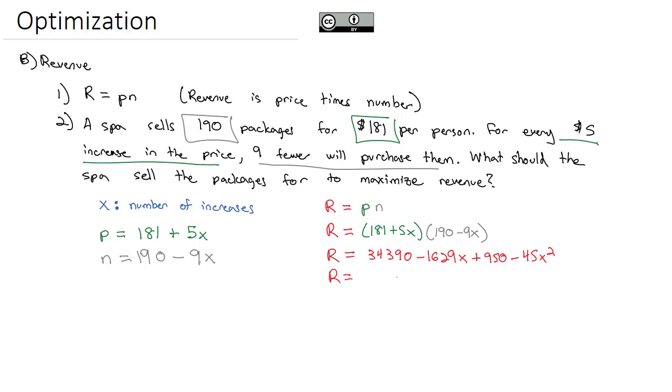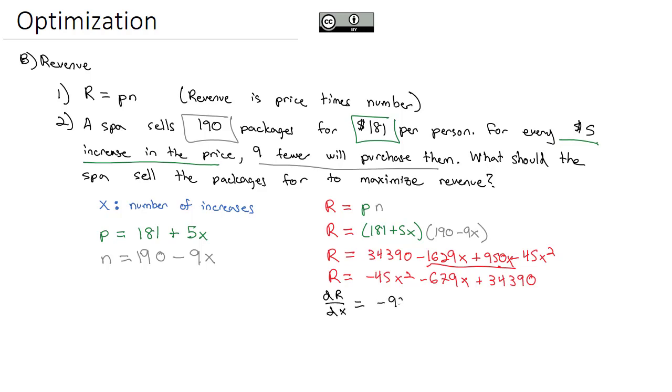So let's put the x squared in front, negative 45x squared. Combine like terms in the middle, which is going to give me negative 679x plus the 34390. All right. Now we're ready to take the derivative of r with respect to x.